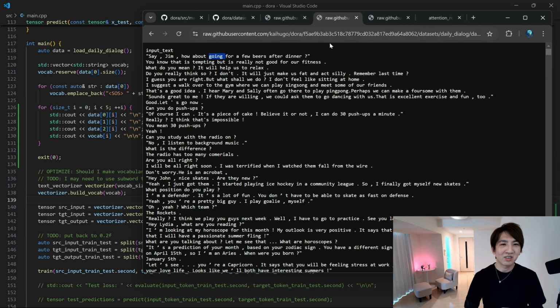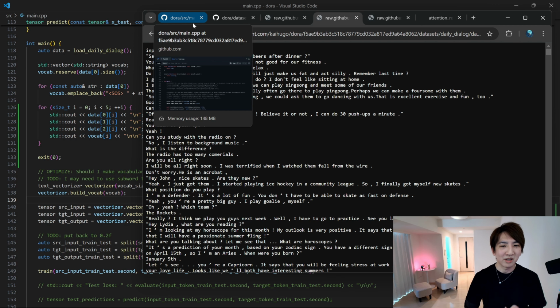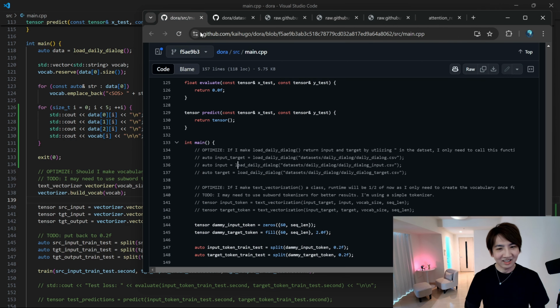Although I could have just used either of them, even though some of the prompts are missing. But yeah, maybe I was aiming for perfectionism. Yes, so that was that.